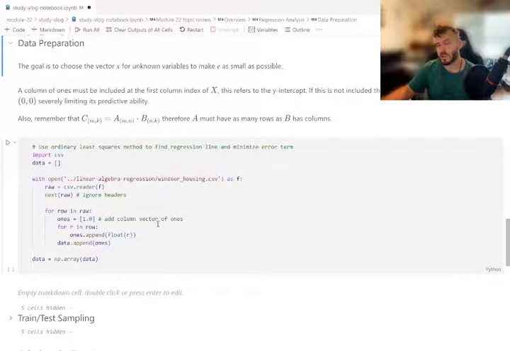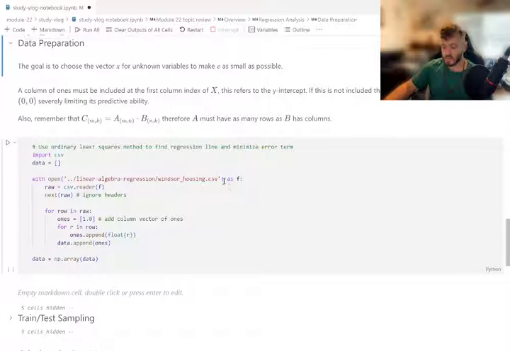And that's simply a column of ones in the first index position as the first column for our input matrix. So we're going to import a little bit of data here.